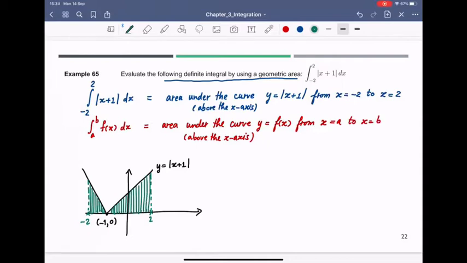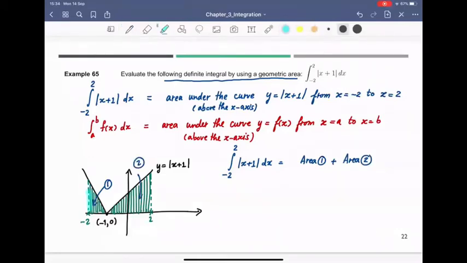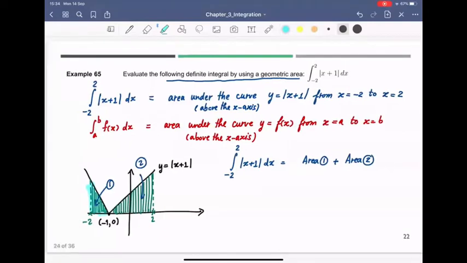That means the integral from negative 2 to 2 of absolute value of x plus 1 dx is going to be the area number 1, which is here, plus the area number 2, which is here. So for the area number 1 that I just highlighted in light blue here.